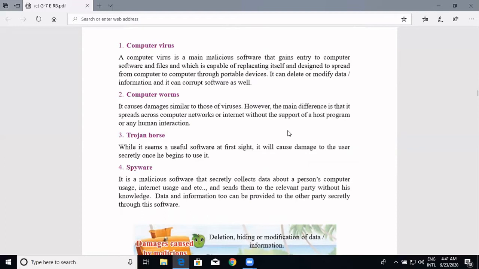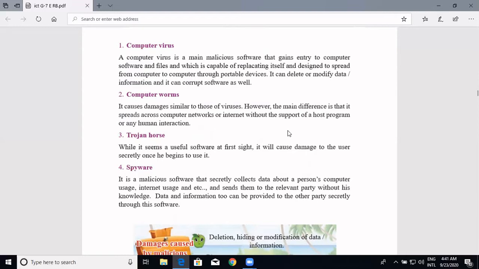These viruses can delete or modify your data and can corrupt your software, right? So that's a computer virus. Second thing is computer worm, very similar to viruses, right? But the main difference is that worms can spread across networks or even the internet without any support of humans or any support of a host program.